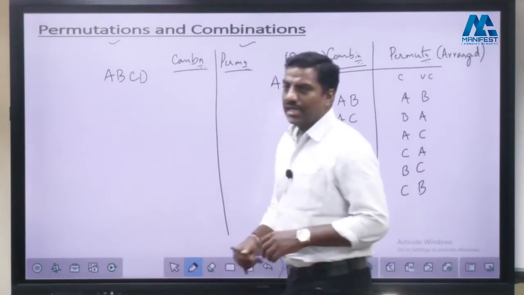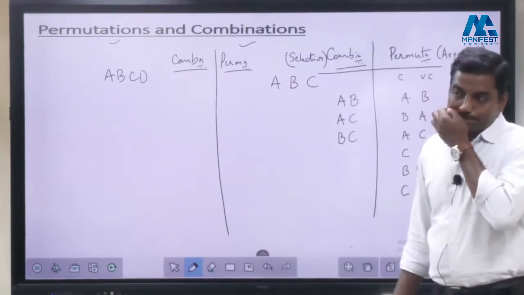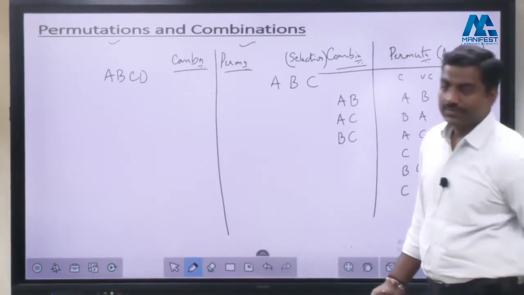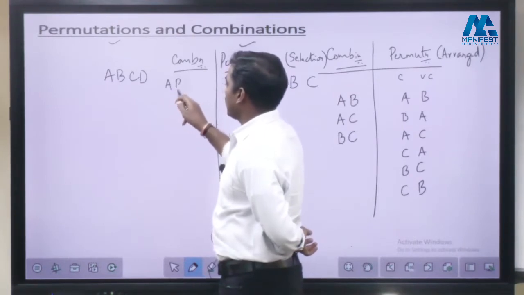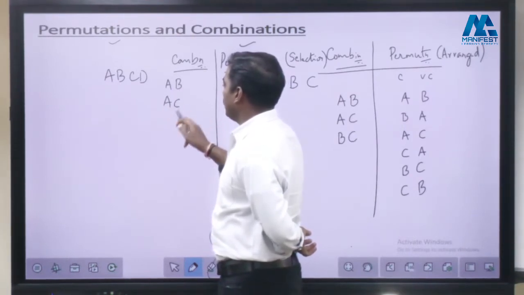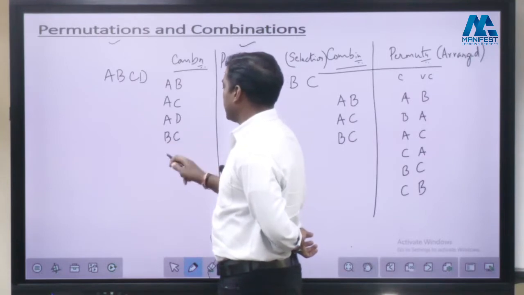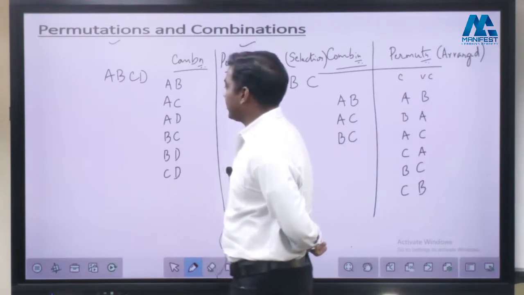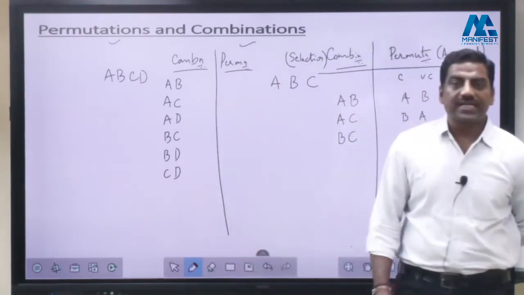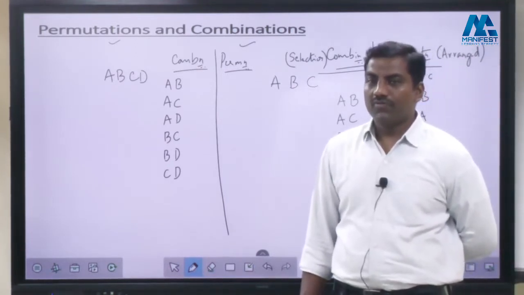There is one order of writing. Take A first for all the combinations. Then take B. Already AB is done. Take C. Only D is left. So these are 6 combinations that are possible, where we are selecting 2 out of 4.